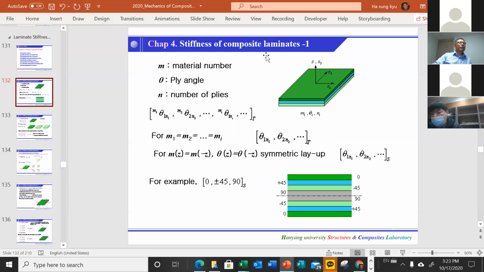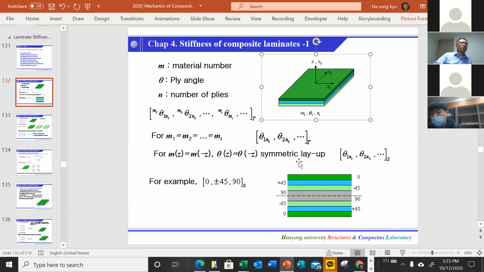Again, we have a composite laminate like this. Each one will have a different ply with a different angle, ply angle. In the previous chapter, we learned how to calculate the off-axis stiffness of each ply. Now, many plies are stacked up and make one laminate like this.